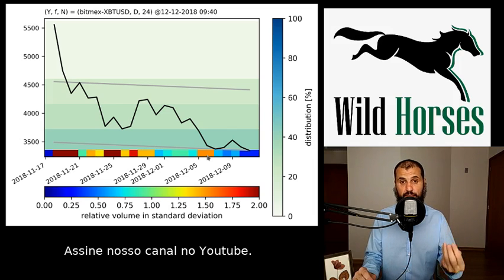So when the volumes are average or below, you will have very dark tones, like here in 17 November and recently. And when you have volumes like 2 standard deviations above the average, like on 21 November or 25 November, the color will tend to red, and values in between will be distributed linearly accordingly.